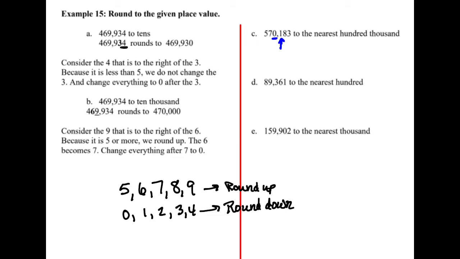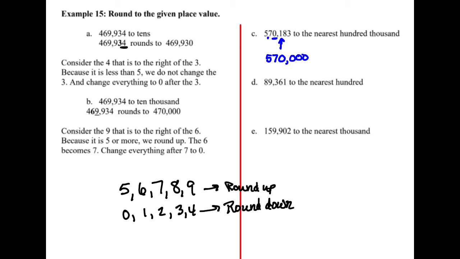So that means up here we're going to do 5, 7, leave the 0 alone, and replace everything else with zeros. So that's your answer right there. Now, 5,700 is less than 5,700,183. So we did round it down, didn't we?